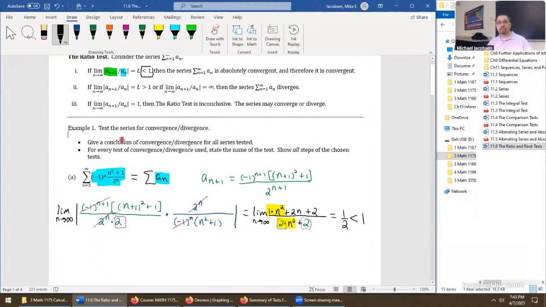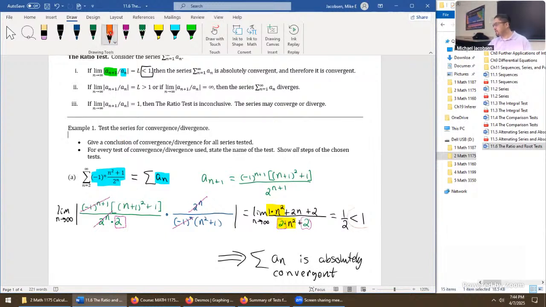So I'll give one conclusion going this way. Let's say this implies summation an is absolutely convergent. Absolute convergence is just the side effect of that part right there.